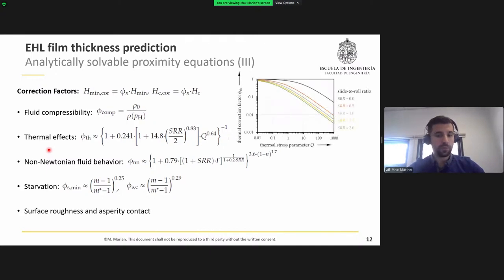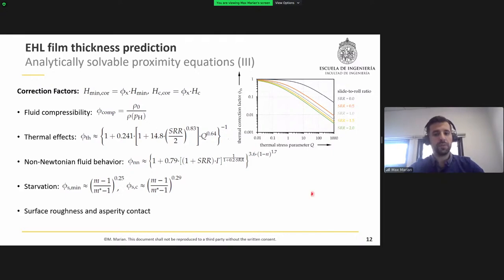So for example, Murch and Wilson introduced the so-called thermal stress parameter Q, which also includes the viscosity temperature coefficient, to determine the thermal film thickness reduction, which was later extended to also cover the slide to roll ratio as SRR. So here, we can see the thermal correction factor versus the thermal stress parameter and the dependency of the slide to roll ratio.